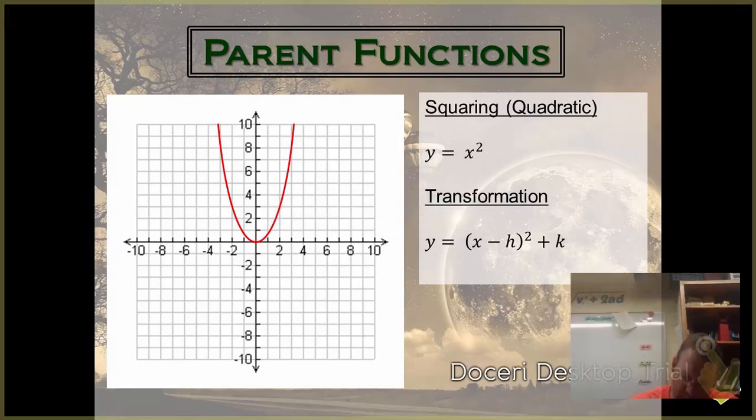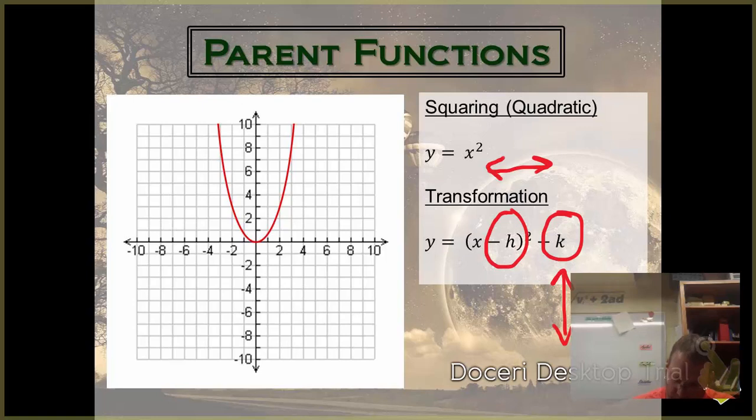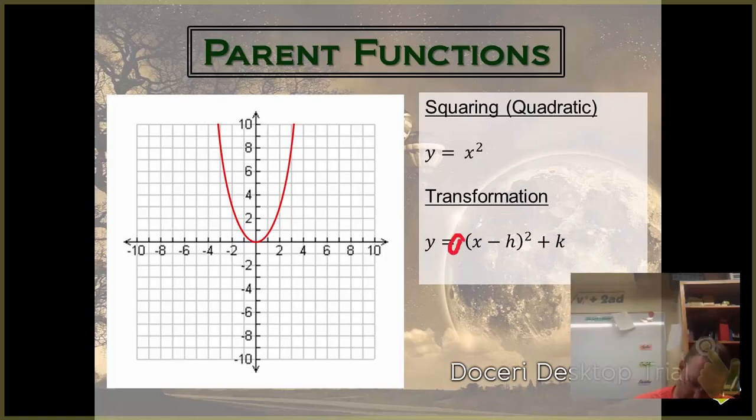This number right there is going to move the graph left or right. This number right there moves it up or down. And while I'm writing here, I noticed that I forgot to put the a in front of that parentheses. That's the number that makes it a skinny or fat graph. So a parabola, a skinnier one is going to narrow like this, and then the fat one gets wider.